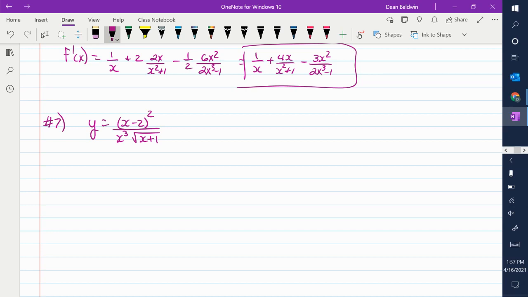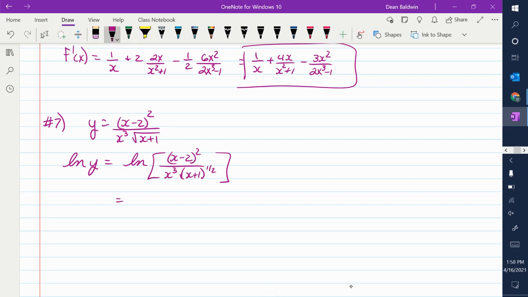But if you look at that and go, okay, I don't want to deal with that, I'm going to log both sides, because what you do to one side, you have to do to the other side. So if I natural log both sides, I'm going to write the square root as a power of a half. At some point, we're going to have to anyway. So I write it like that. That means the right side I can now break up like we did in the previous one.